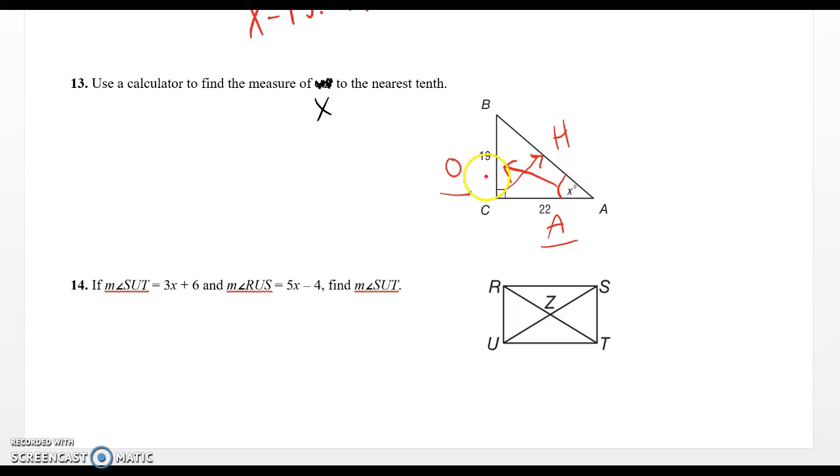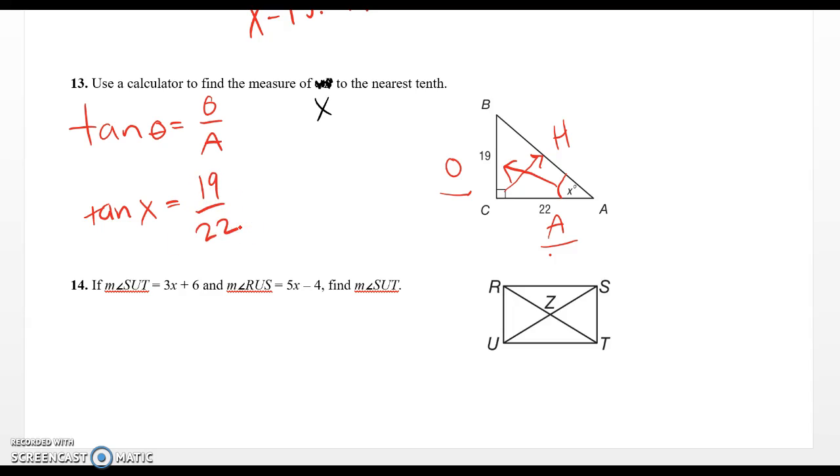Since we have opposite and adjacent, we know we're going to use tan, or TOA. So tan of theta equals opposite over adjacent, that's just our formula. Now plugging in everything we know, the theta, or the angle, is missing, so we'll make that x: tan of x equals 19 over 22.